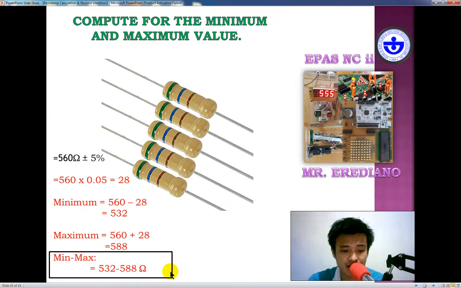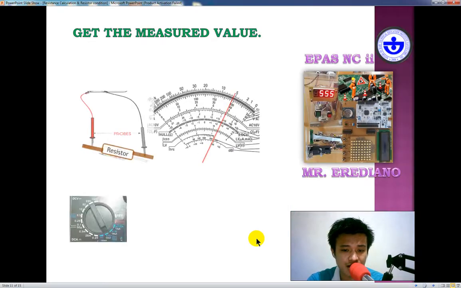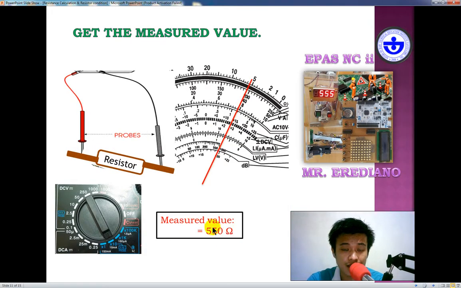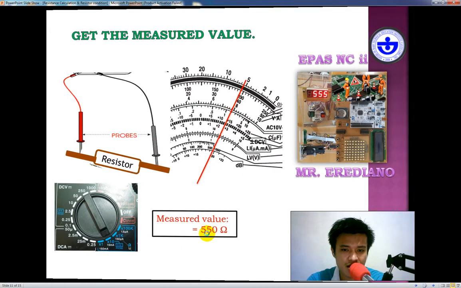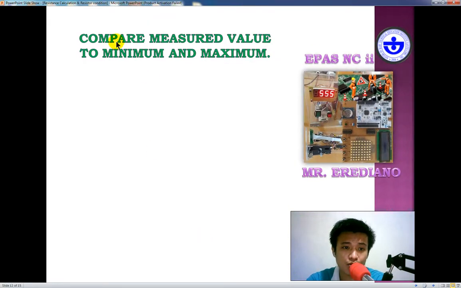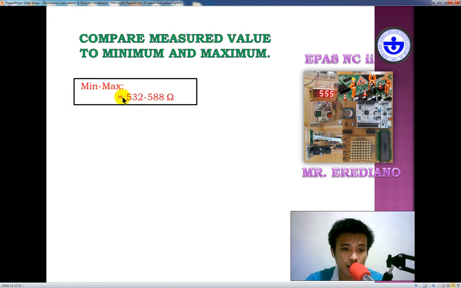So this is our minimum and maximum. Then we have here 550, the sample value, for example, that I get when I do the actual measurement. Then next is we are to compare. So compare the measured value towards the minimum and maximum. This is our minimum and maximum.